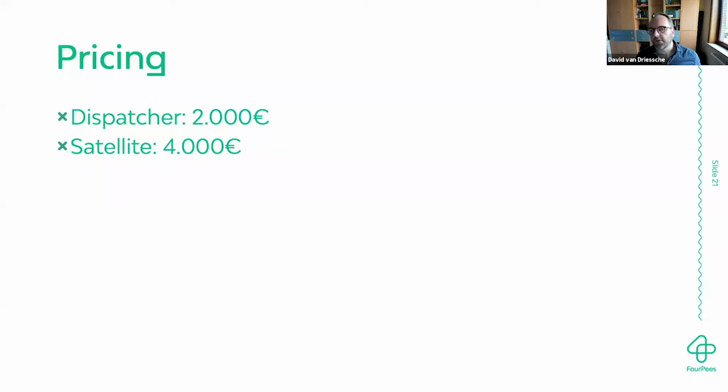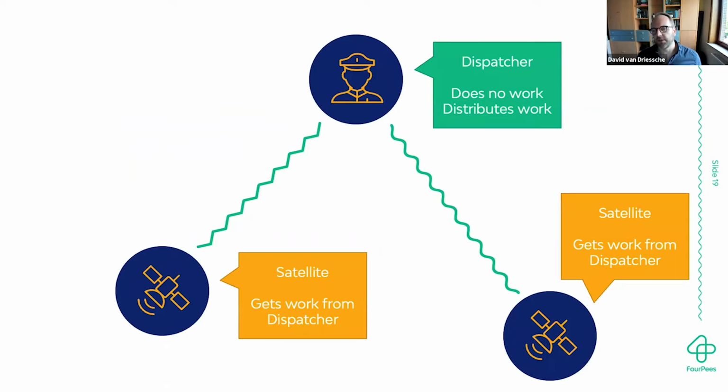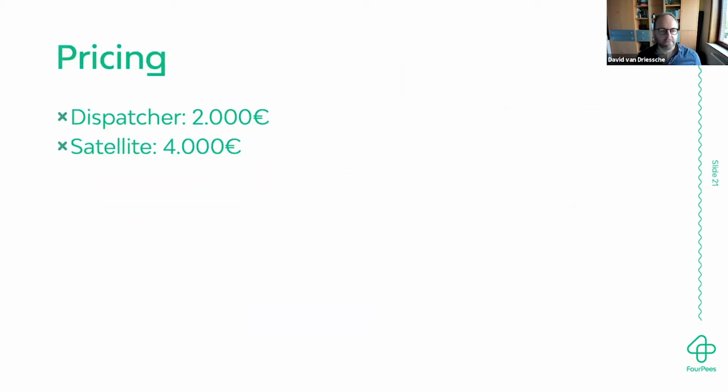But so minimum cost for this setup, I always like to think about that. Like I said, kind of the minimum environment is this. The cost for that, well, dispatcher at 2,000, 2 times satellite at 4,000. So we're talking about 10,000 euro with a 20% maintenance, which would be 2,000 euros if I calculate that.